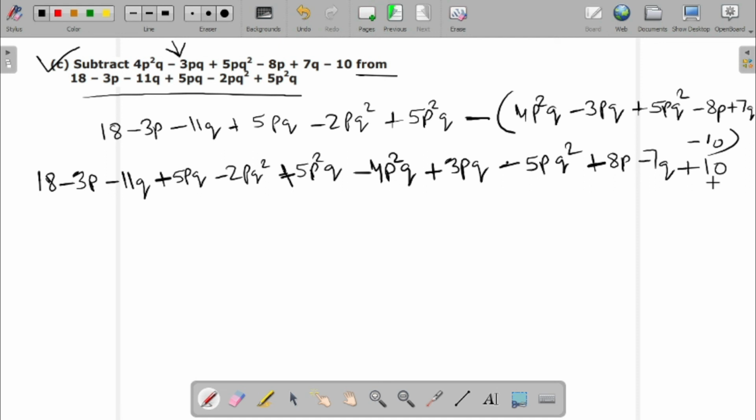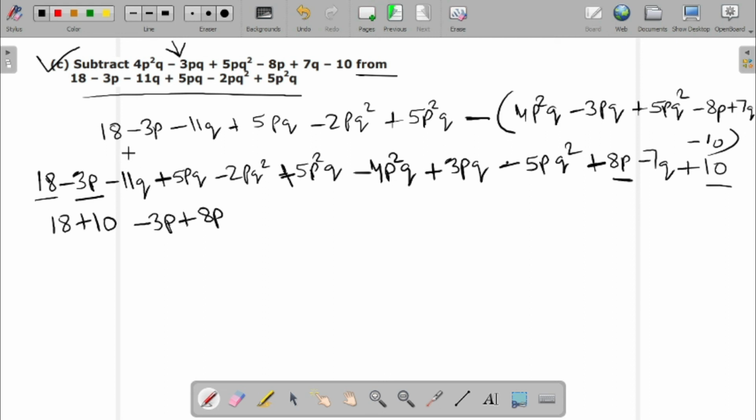So after this step, this is a very important step. Now we can collect the like terms. Simple, as in the previous case. This is a number, so we collect any number, 10. So we write 18 plus 10. Then 3p, so we find the p, this is 8p. So we write here minus 3p plus 8p.